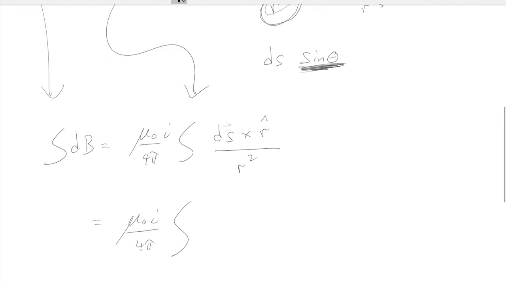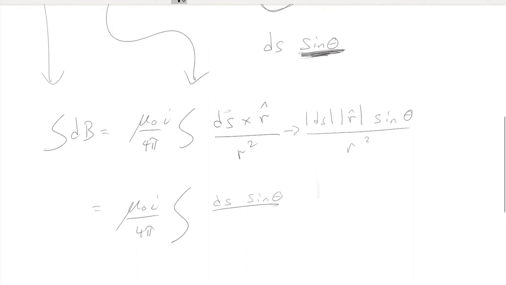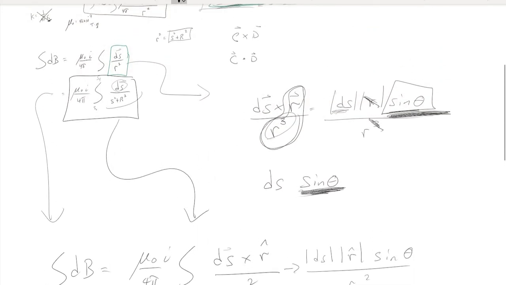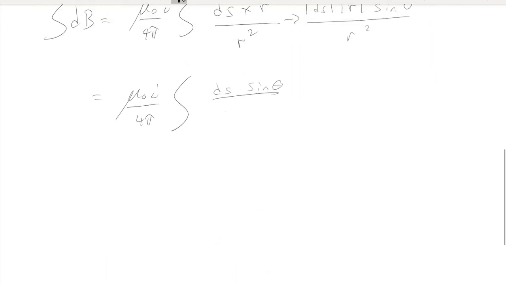So ds magnitude, unit vector magnitude is automatically 1 because it's a unit vector. So we now have ds sine theta, and r squared, we already took care of r squared. We said that was s squared plus big R squared. Okay.